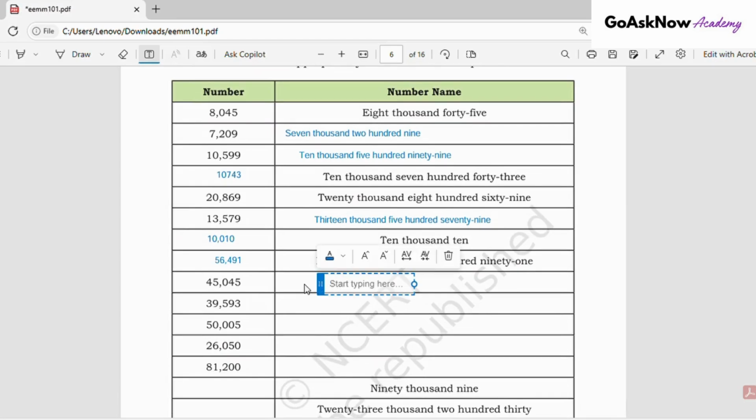Next, here 45,000 45. Here we have to give gaps. Then 39,579.